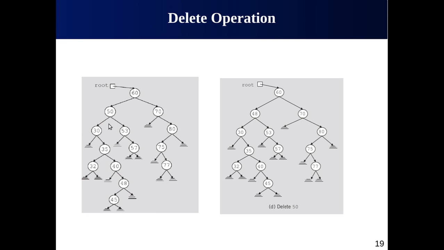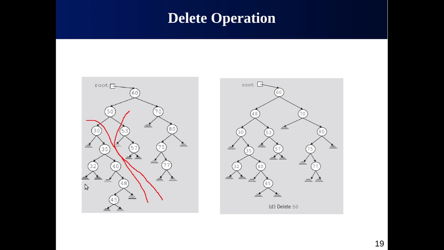Suppose you want to consider a node from the right subtree. In this case, it must be the smallest. So we have two nodes, 53 and 57. What is the smallest value? 53. So 53 will come and take the location of the parent. This is the first solution. You can take a node from the left subtree or from the right subtree, up to you.